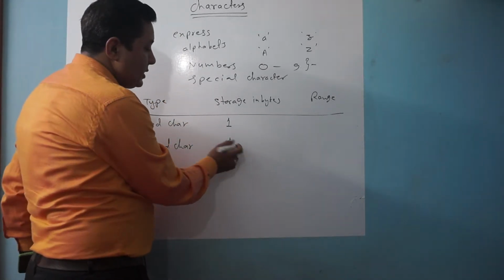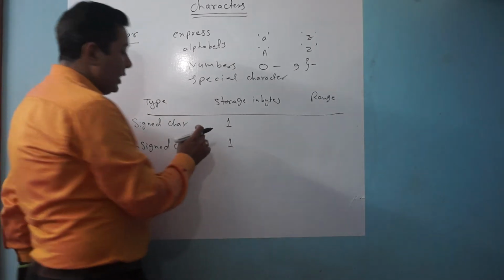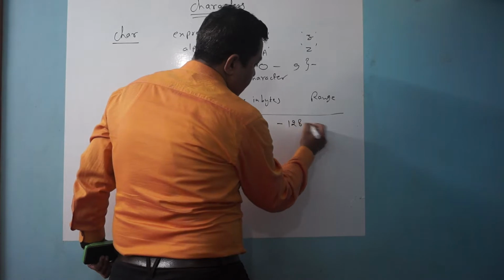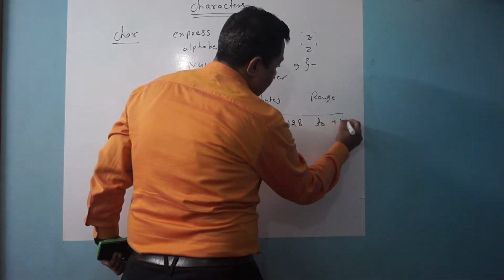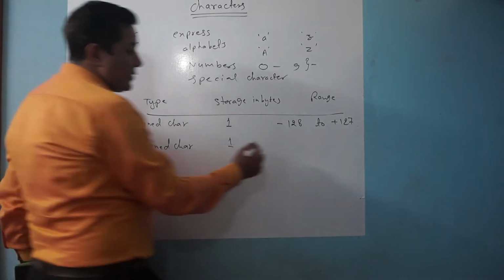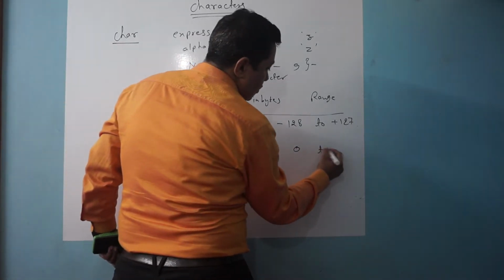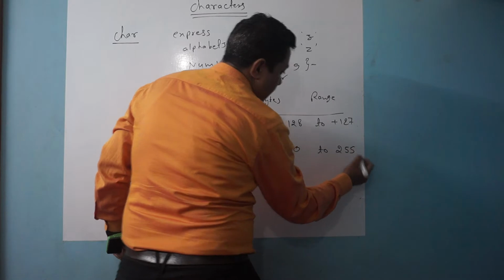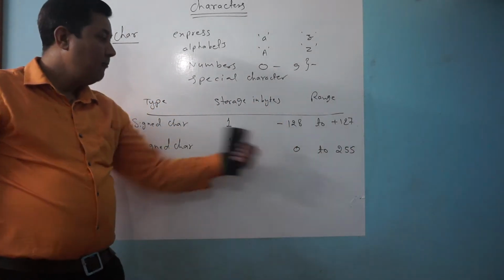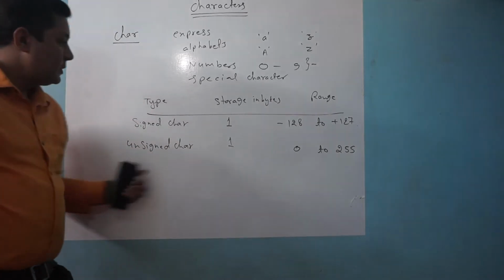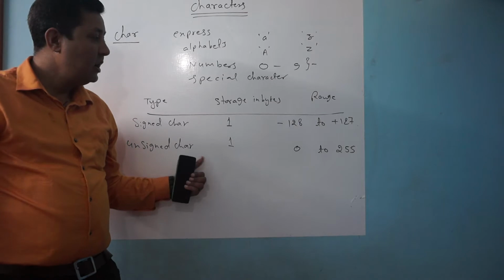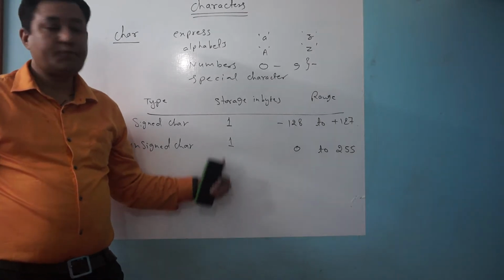The range starts from -128 to +127, and for unsigned character it starts from 0 to 255. Now how it is calculated, we considered this in the past lecture, so I hope you understand this very well.